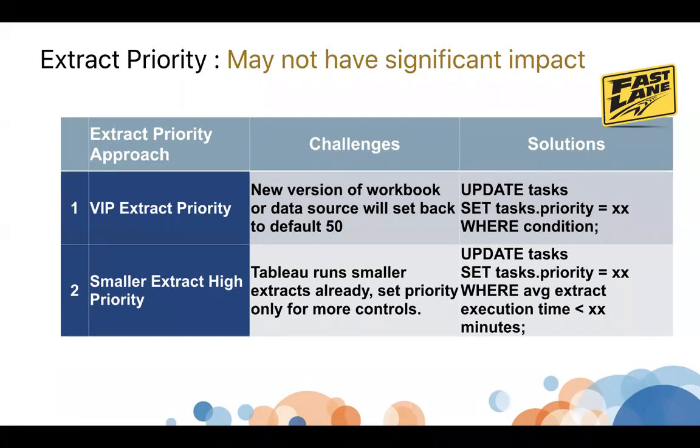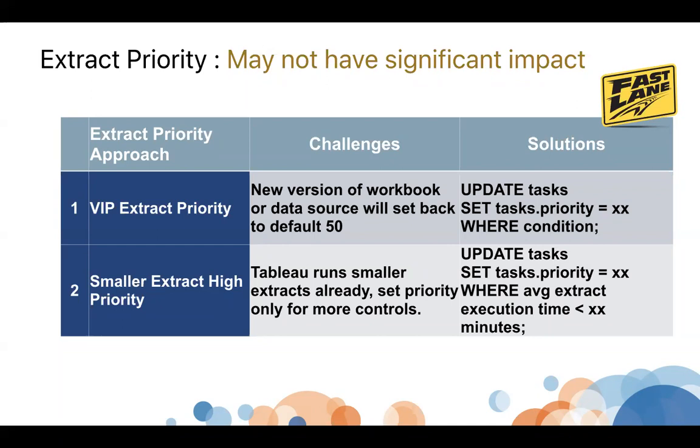It still only uses the default priority. But you can make more out of this. You can set small extracts to a higher priority, not only reordered. When you give higher priority, it actually bypasses other things as well, depending on how you do it.